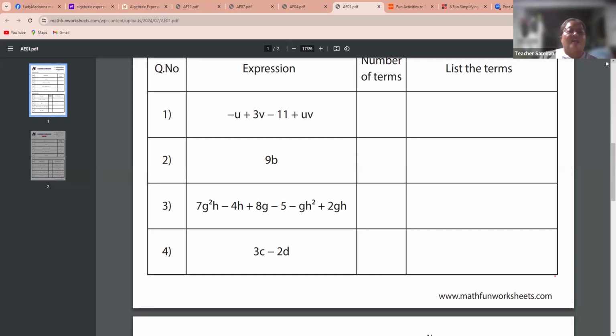I showed you earlier what terms are present within the expression. So we know how to get the number of terms already, but the question is, what are the terms? Those are the terms we are going to list in the other box.